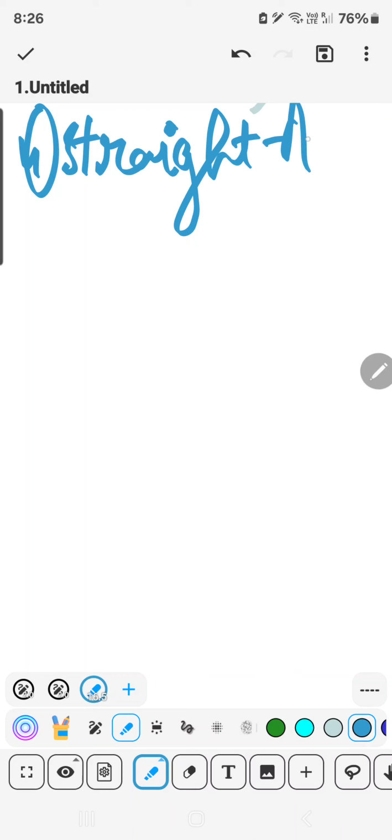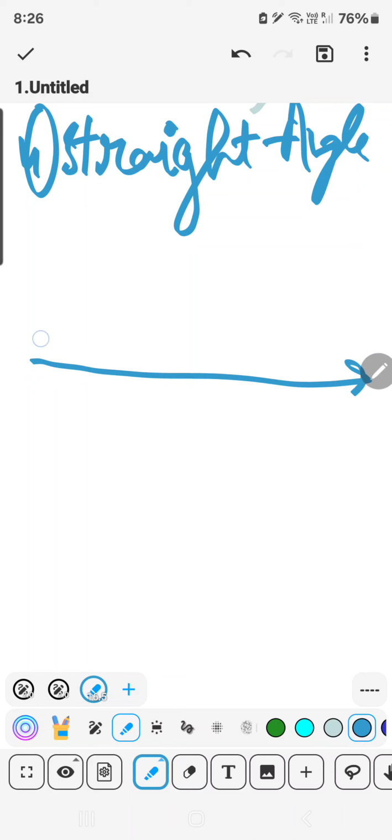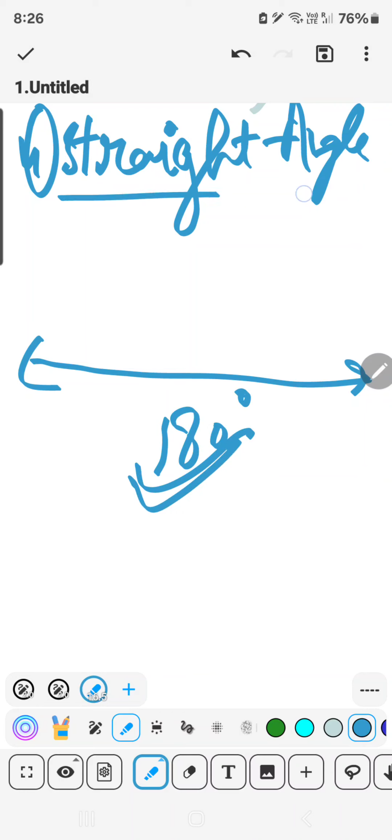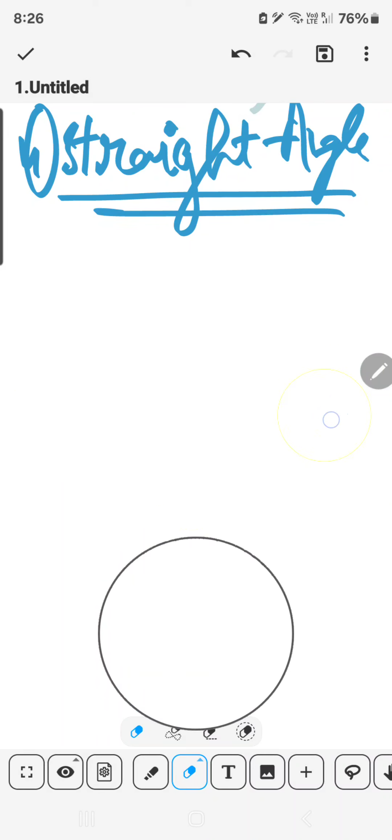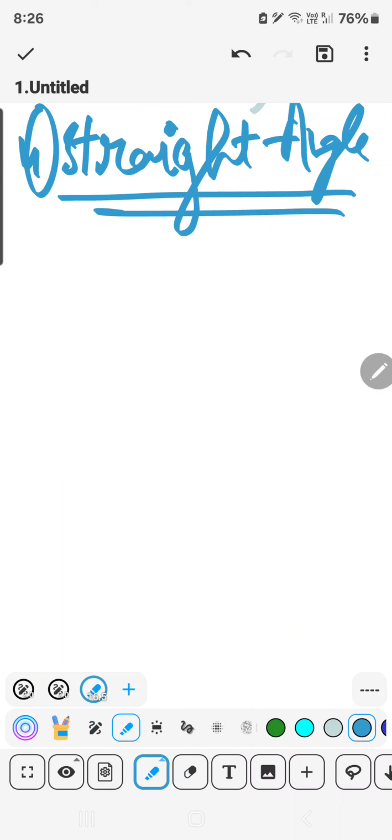Now, coming to our fourth type of angle, which is straight angle. Straight angle is not really an angle, but just a line. The angle whose measure is 180 degree is known as straight angle. You must be thinking why a straight line is 180 degree.